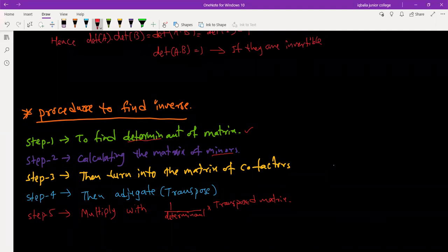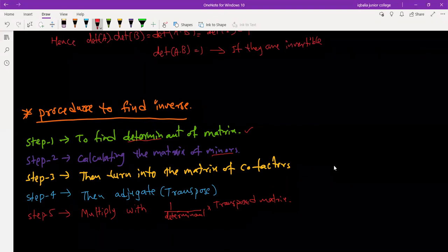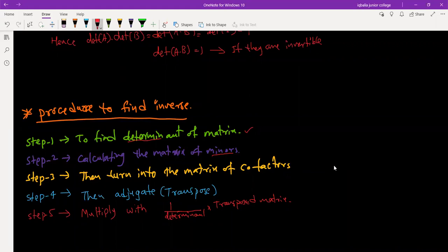Okay, so here in the next step we have to find the matrix of minors. First we have to find the determinant, then we have to find minors of the matrix. Then after finding the minors, we have to convert these minors into cofactors.